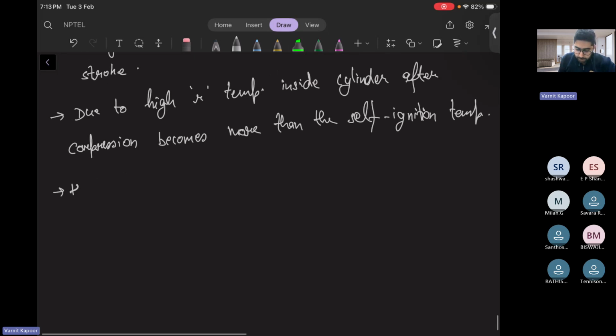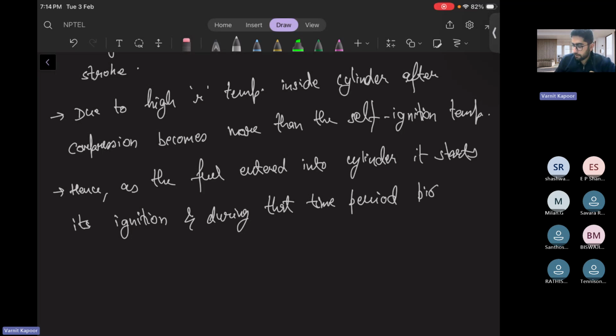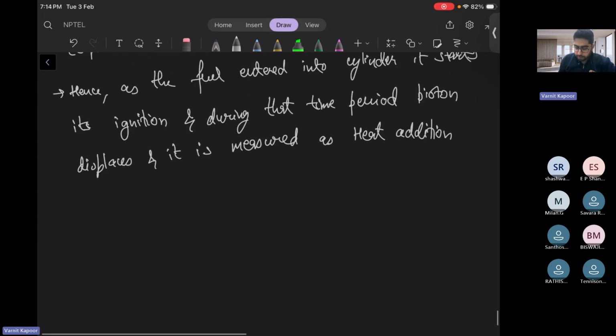Hence, as the fuel enters into the cylinder, it starts its ignition, and during that time period the piston displaces, and it is measured as heat addition at constant pressure. That is heat addition at constant pressure.